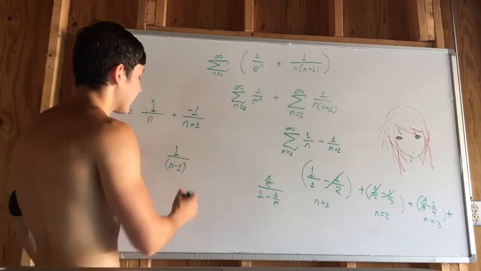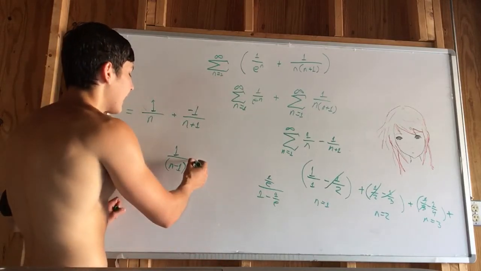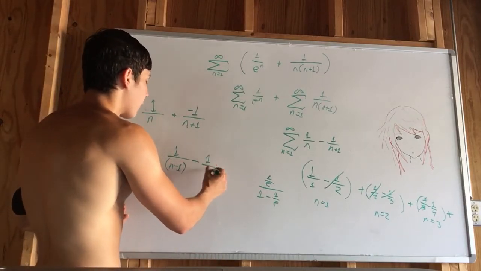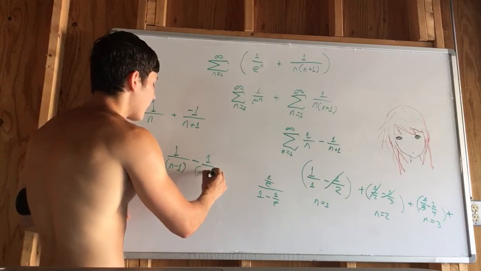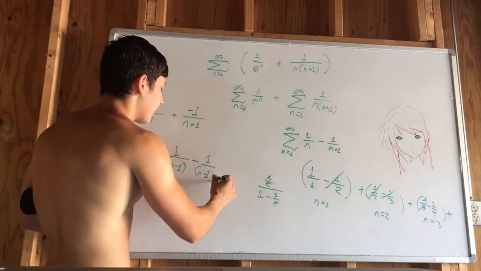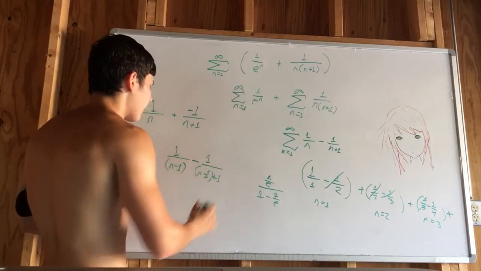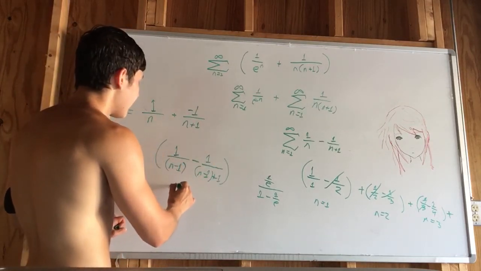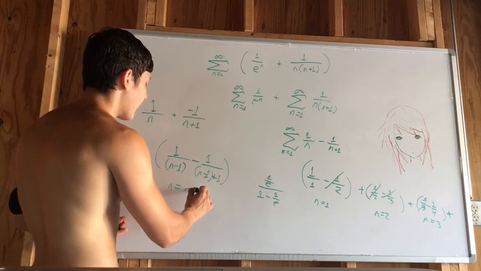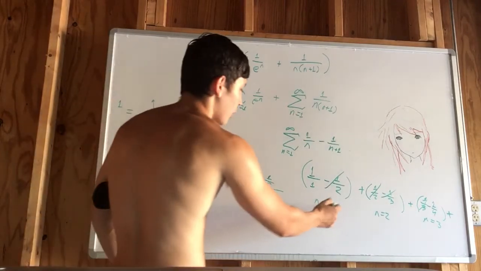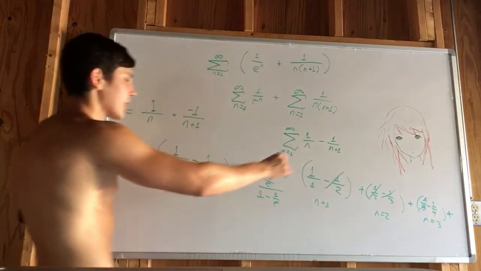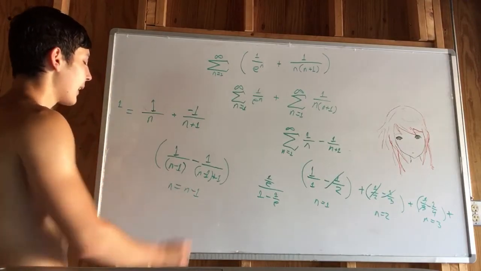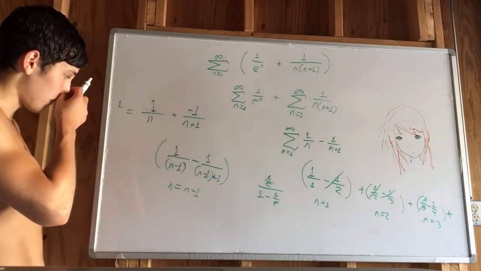So that's what's going to tell us the behavior at the very end. We have negative 1, and then we've got n minus 1 also instead of n. And so this is when we plug in n equals n minus 1. So we were plugging n equals 1, n equals 2, n equals 3, stuff was canceling. Now we're plugging n equals n minus 1, and this happens.